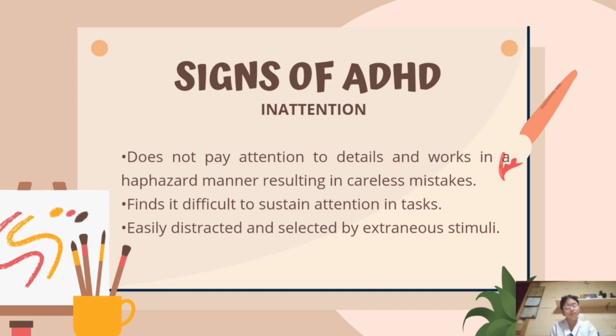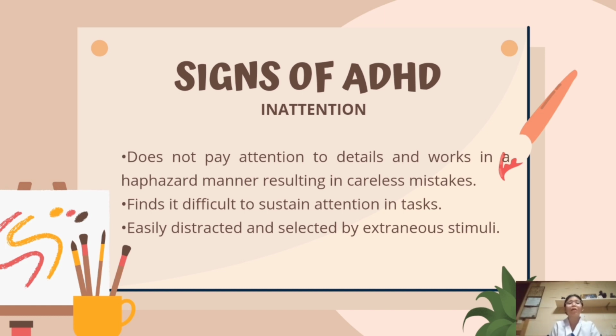So, what is extraneous stimuli? Extraneous stimuli here is an action or thought stemming from outside someone's focus and has no relevance to the person's current task. So, a child here easily gets distracted.